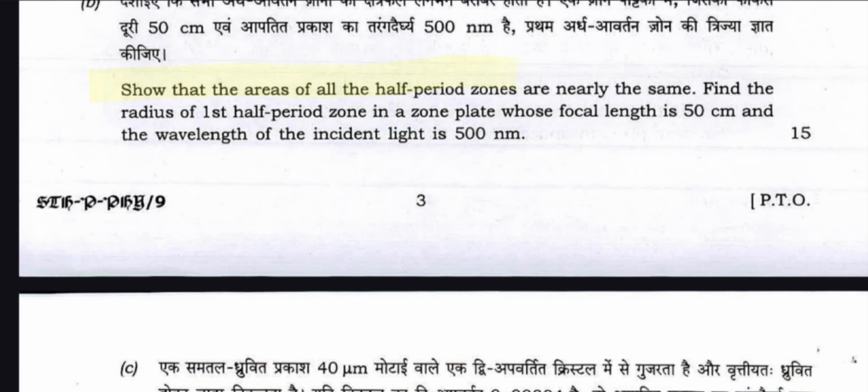So that the areas of all the half-period zones are nearly the same. Find the radius of the first half-period zone in a zone plate whose focal length is 50 cm and the wavelength of the incident light is 500 nanometers.